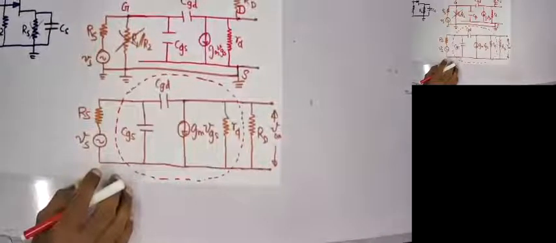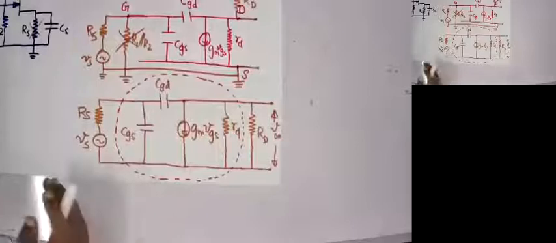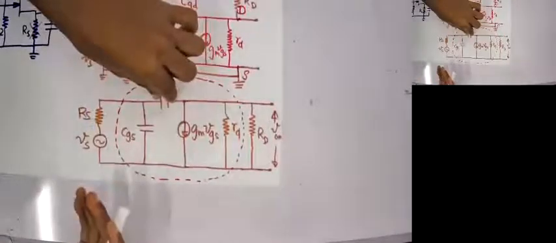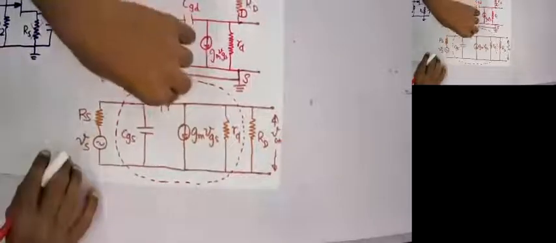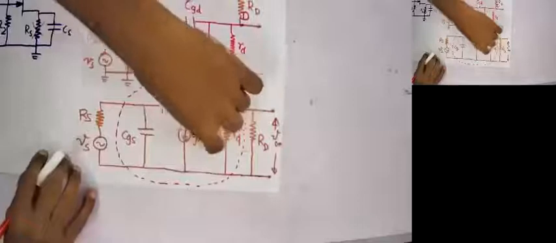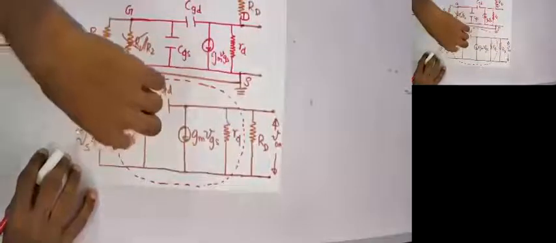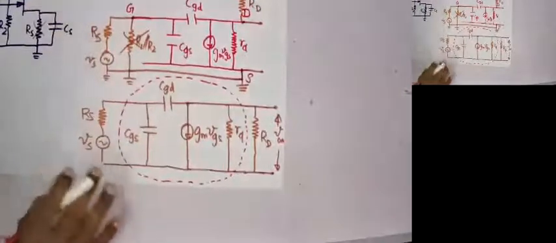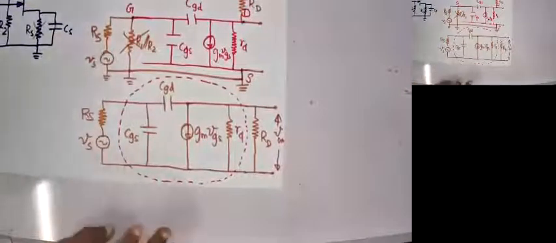Clear? Now we'll apply the same equations. First, Miller's theorem to divide this capacitor. And of course, since it is a very low value when compared to CGS, we can neglect the output capacitance, and that becomes CT. So CT, and we can do the calculations.